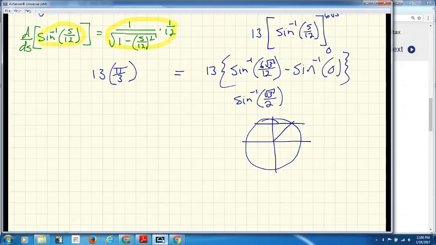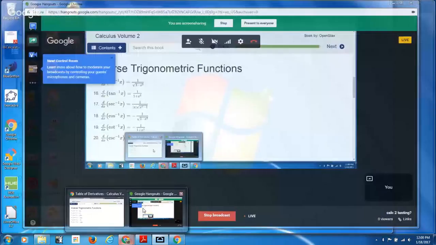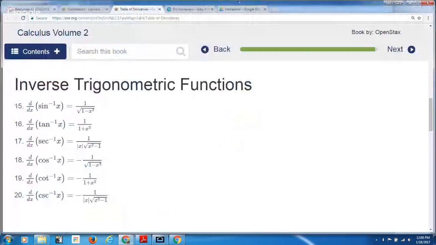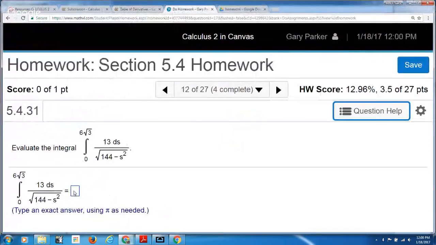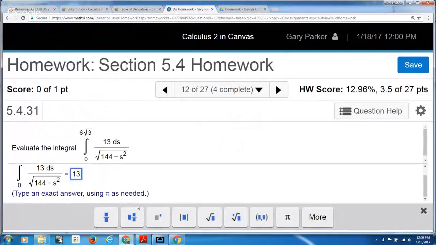So I think the answer is 13 pi over 3. Okay, so could we check this? Yeah, actually we could check this by using something like GeoGebra and asking about the area. But since I have the homework up here, I could just say, hey, did I get it right? So I think it is 13 times pi divided by 3.